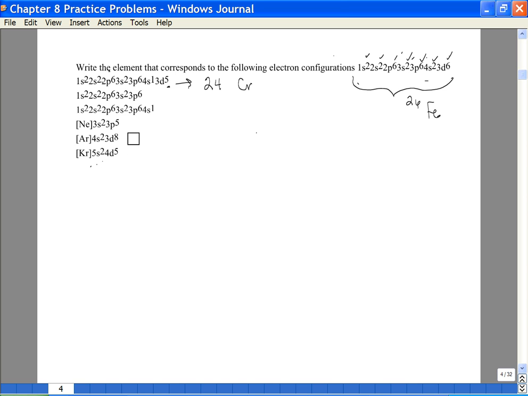And then we add to it the remainder of the electrons. And so we end up with 18 plus 10, which gives us a total of 28 electrons. And that corresponds to nickel.